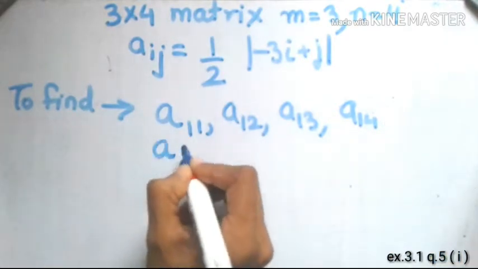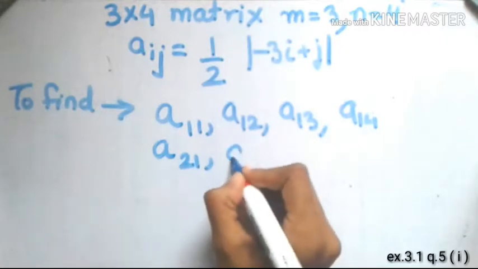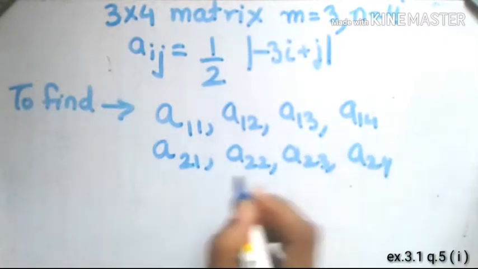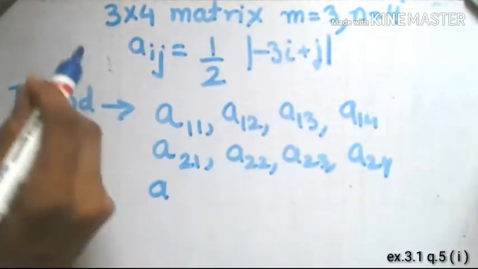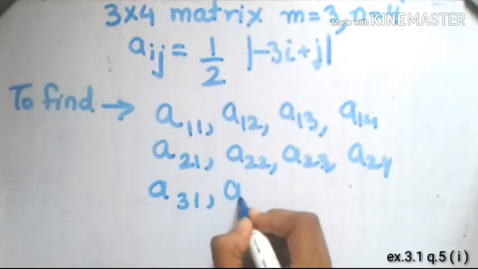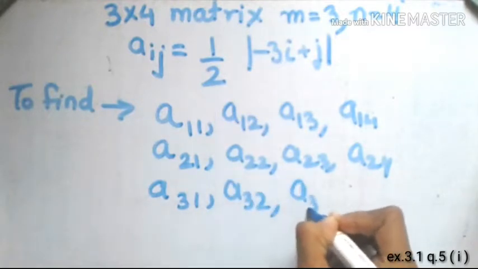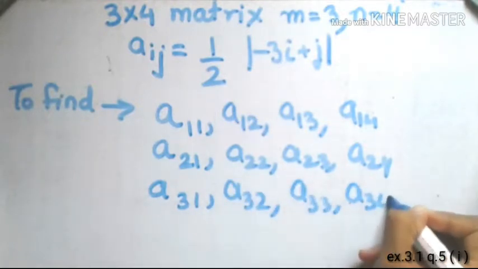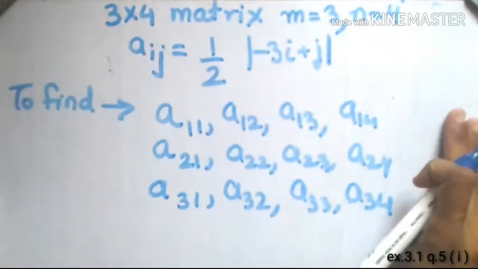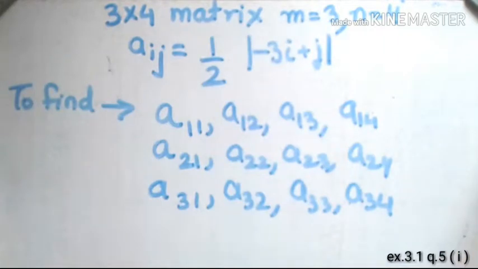Then again A21, the second row, A22, A23 and A24. Once again the third row, and I stop here because there are only 3 rows: A31, A32, A33 and A34. So these are the matrix elements whose values we have to find out. Let's start.